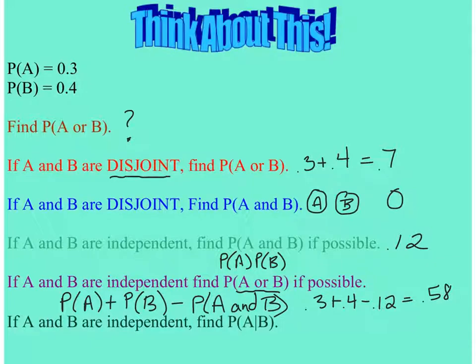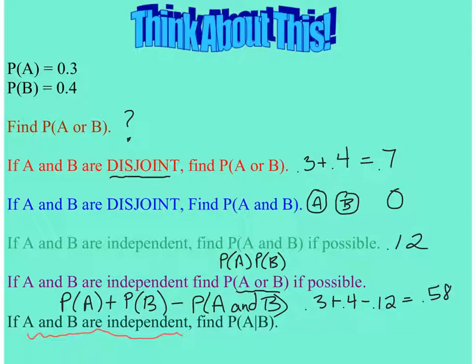Okay, so again, independence has some powerful stuff with it, right? We get to do some things we couldn't have done before. We can actually find that intersection by multiplying. If A and B are independent, find the probability of A given B. Well, I want you to think about this. If two things are independent, that means that knowing that one happened doesn't affect the other.